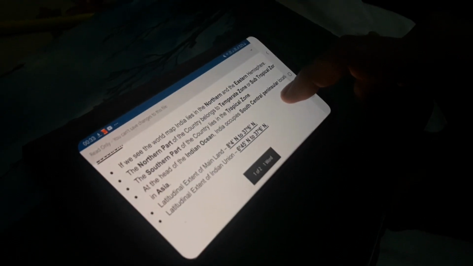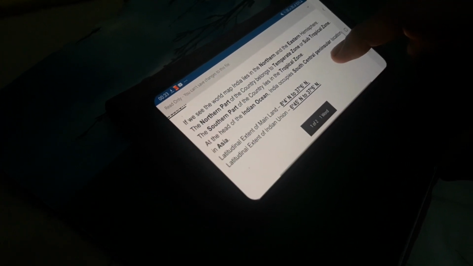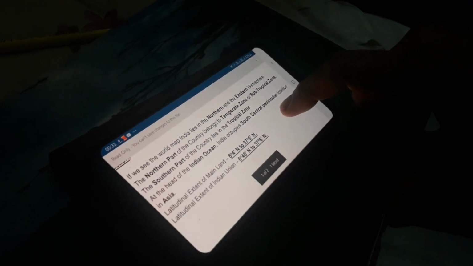Now the northern part of the country belongs to temperate zone or subtropical zone, and the southern part of the country lies in the tropical zone. Now this subtropical and tropical zone classification is made with the help of one most important latitude of the country that crosses the country or divides the country into 2 equal halves, that is Tropic of Cancer, 23 and a half degree north.